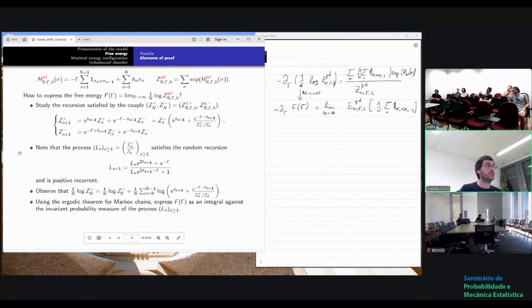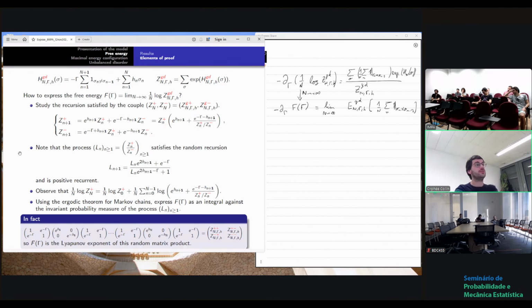I made this slide to explain explicitly where this integral expression comes from, but in fact there's a general theory. Indeed, these partition functions arise as a random matrix product. If you consider the matrices below and try to do the full product, you're going to end up with contributions that correspond to every configuration in the random field Ising chain, with exactly the right contributions.